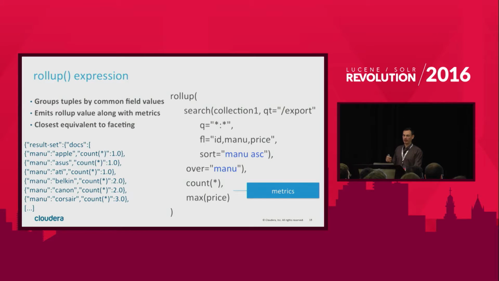The one thing to realize, though, is that so it can fully execute in a streaming manner, the underlying search stream has to be sorted by what we're rolling up over. Like I've highlighted in blue here, since we are rolling up over manufacturer, the underlying search streams have to have a sort by manufacturer in there. And that's just so we see all the buckets corresponding to Apple at the same time, and we don't have to buffer everything in memory.